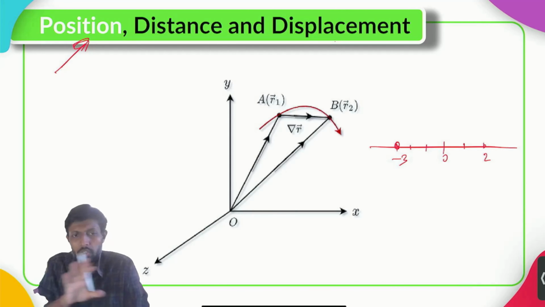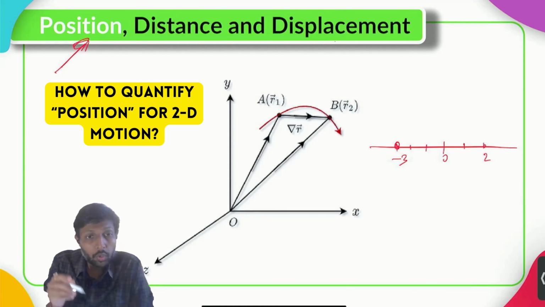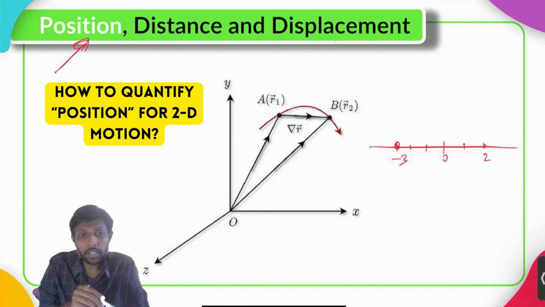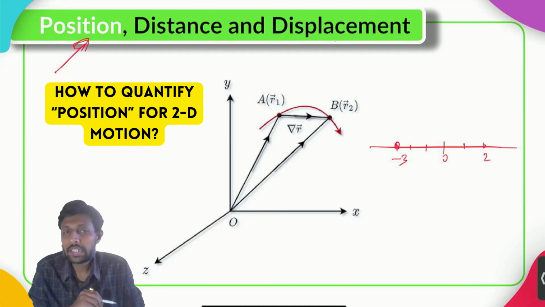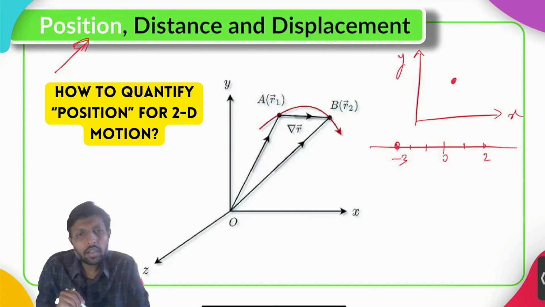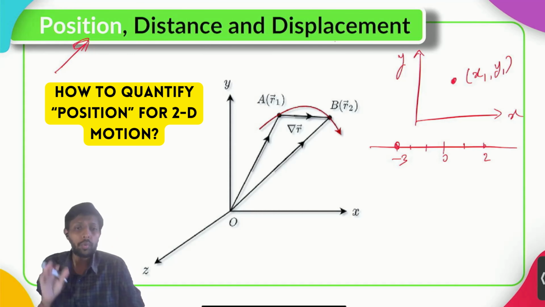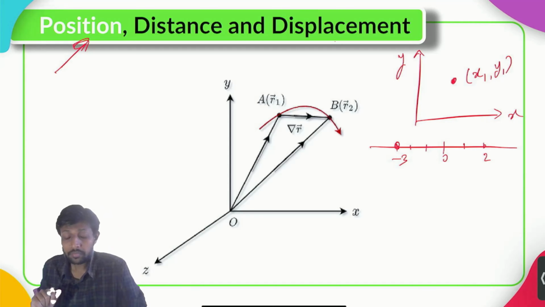For 2D motion or motion in a plane, we could quantify the position by using Cartesian coordinate system. So we had two axes instead for 2D motion. This was the y-axis, this was the x-axis, and if there is an object here, we figured out what is its x coordinate, what is its y coordinate, and we would know where that object is located.